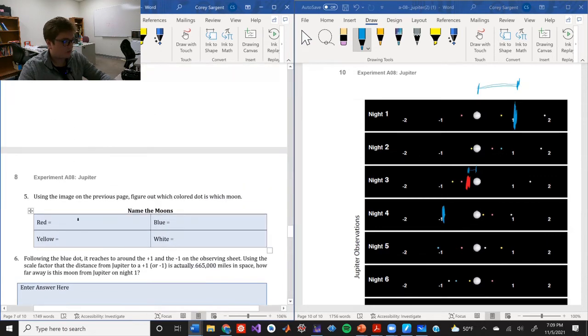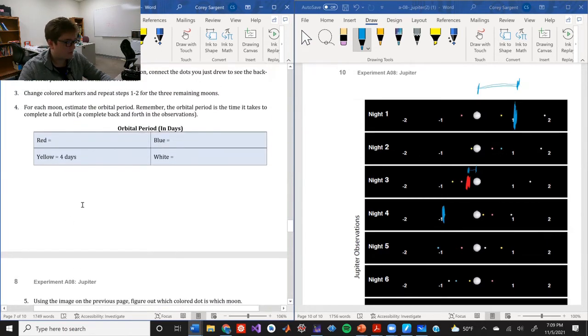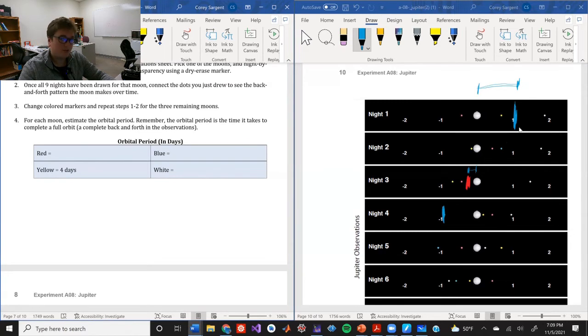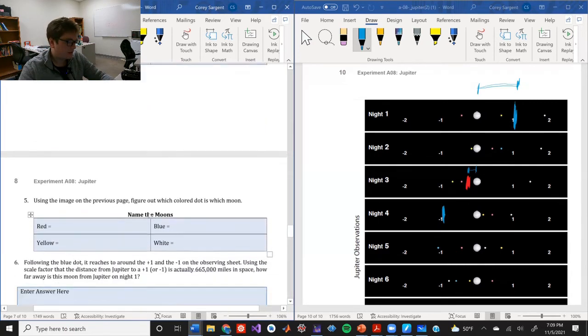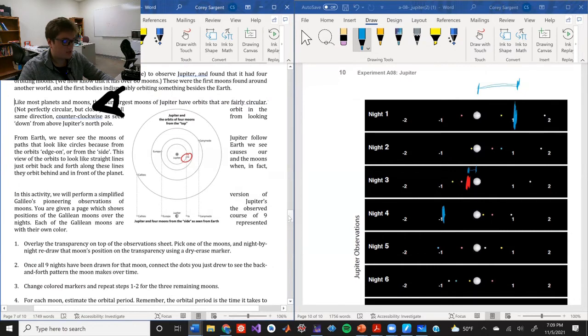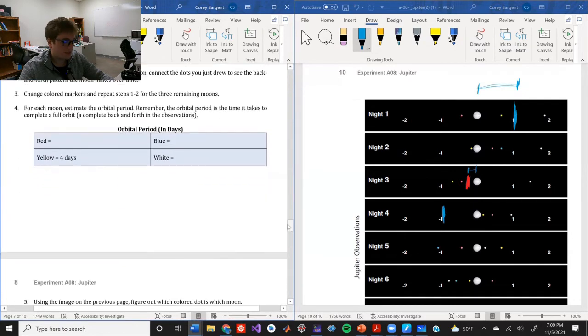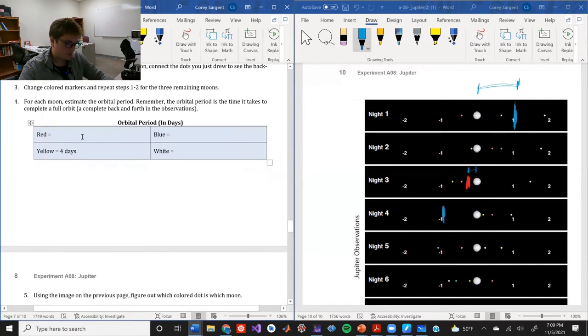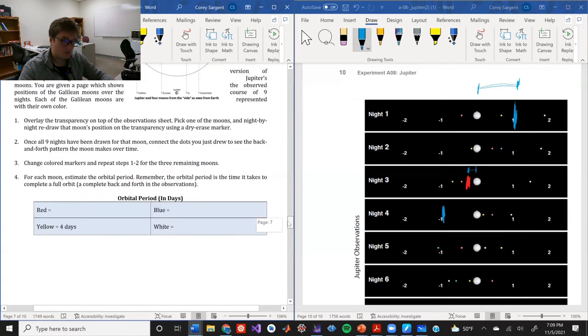Using this chart, again, we're going to do a quick rundown. You're going to count how many full days it takes for these moons to go back to their original positions. That's their orbital period. And then using this image and the logic of finding their orbital radii, you're going to determine which moon is which.